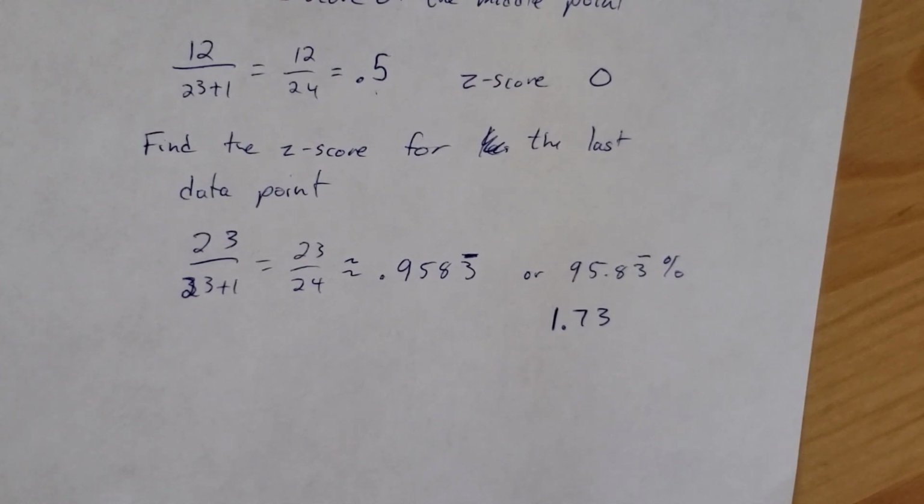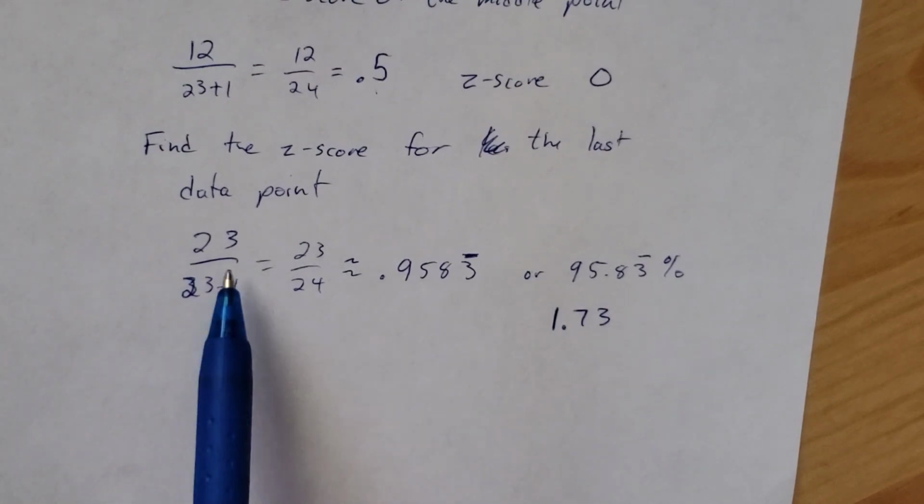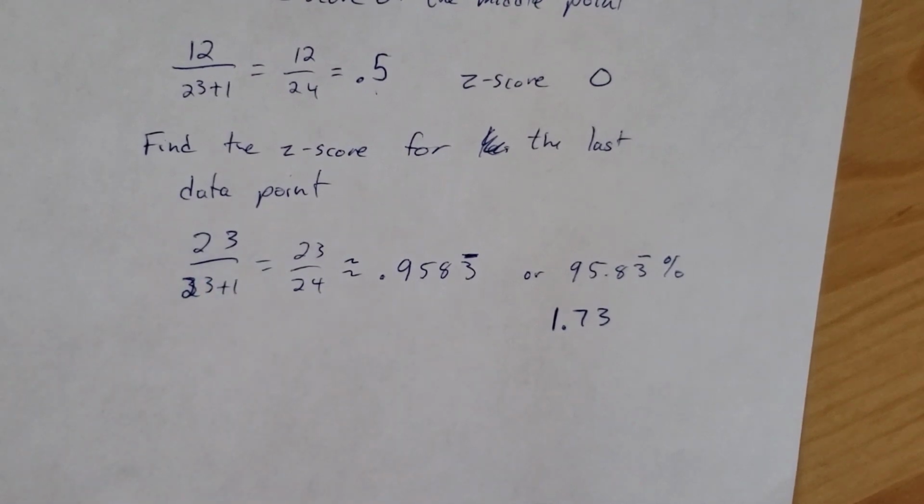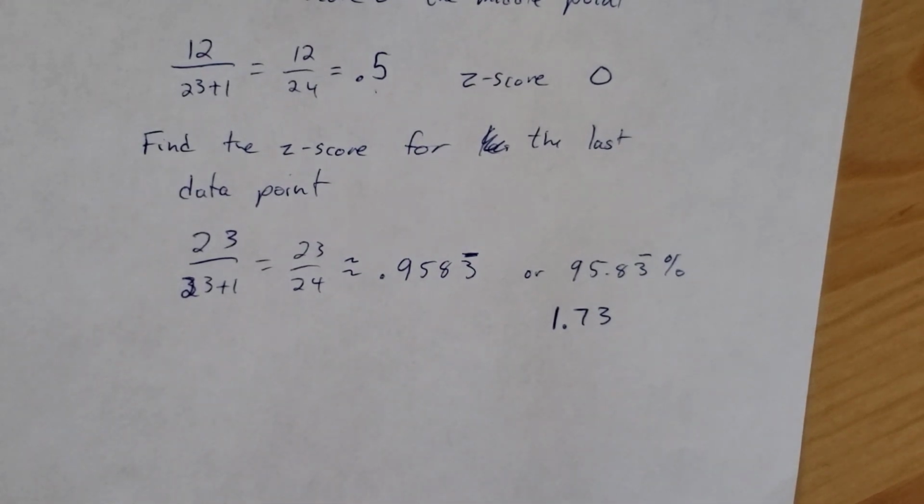All right. So again, what would we do? We would check what the actual value of the 23rd data point in our sample is, and we'd calculate the z-score of that. And if that was close to 1.73, then that would suggest we're close to a normal distribution here.